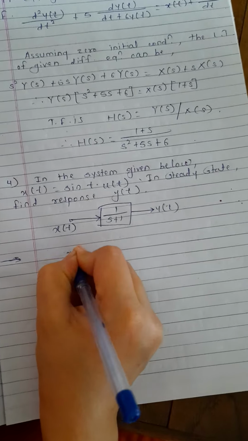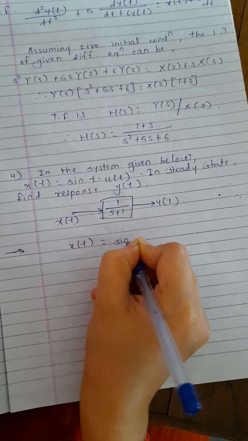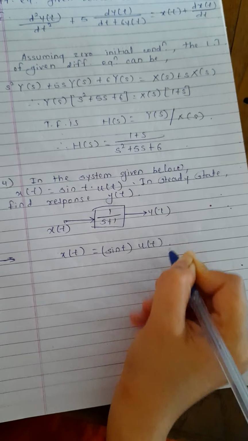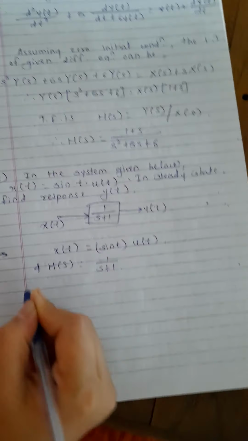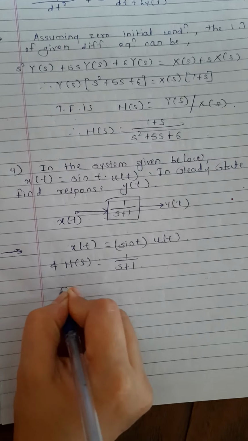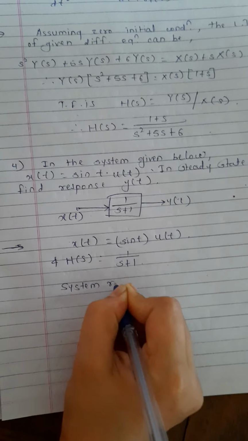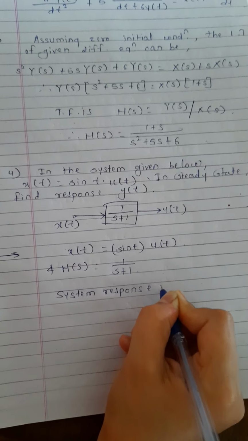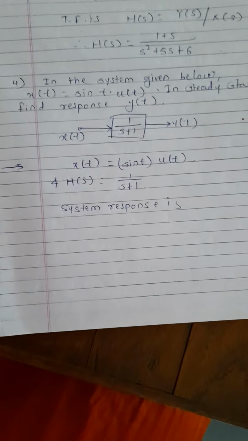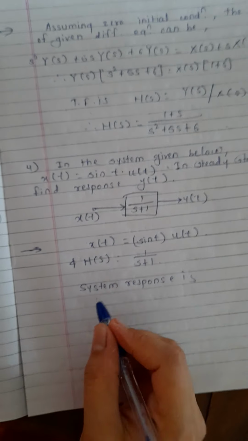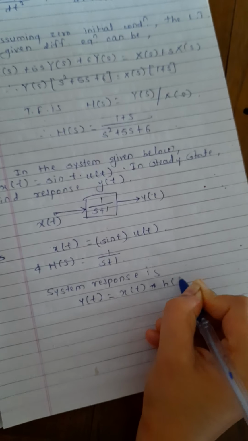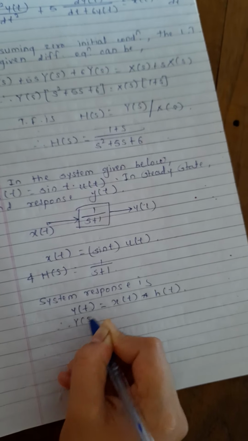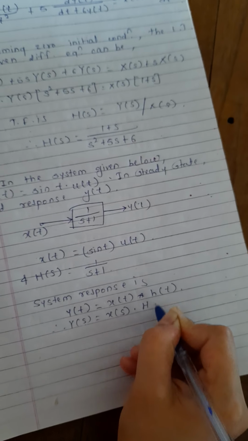So what is given? X(t) is equal to sine of t u(t), and H(s) is 1 by s plus 1. So the system response is y(t) is equal to x(t) convolution h(t), and Y(s) is X(s) H(s).